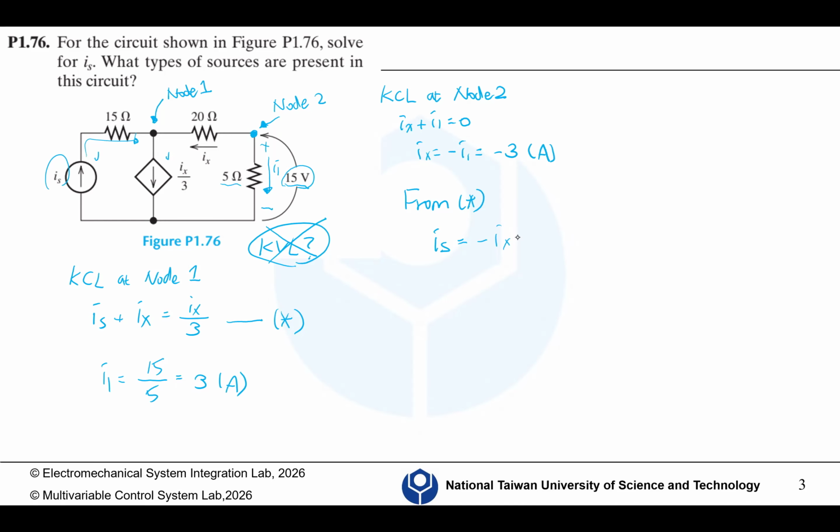But we have two equations and three unknown variables. What can we do? We need one more equation, so we can observe this. This 22 ampere is the current source. It's in the same direction as I2, so we can say 22 is I2 minus I1 because it is shared by I1 and I2.